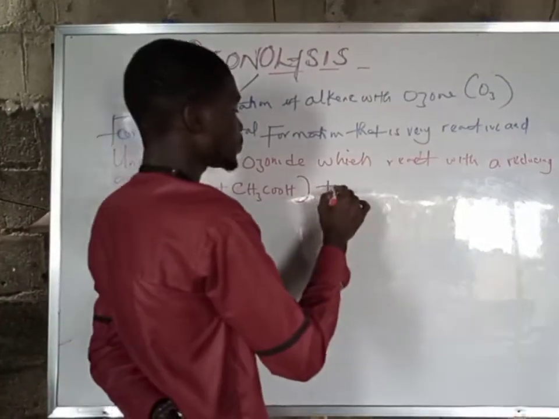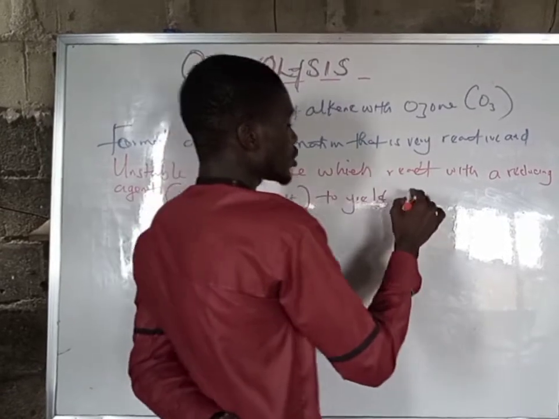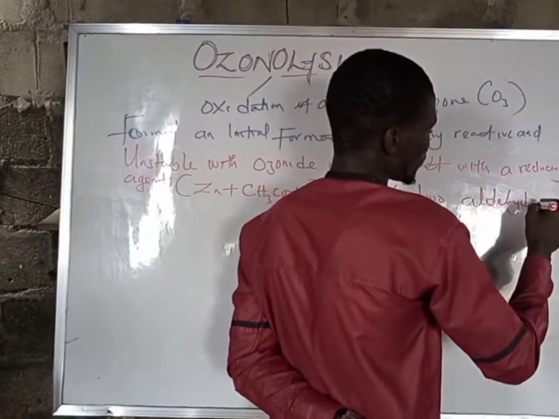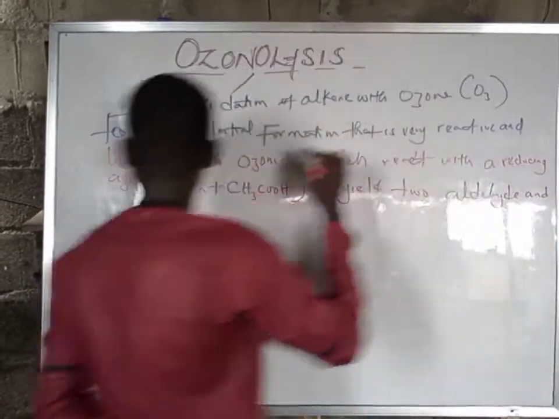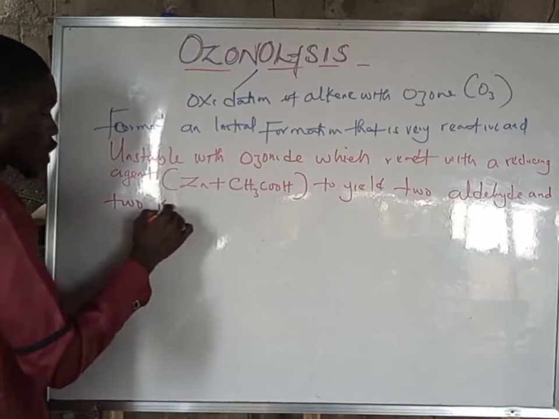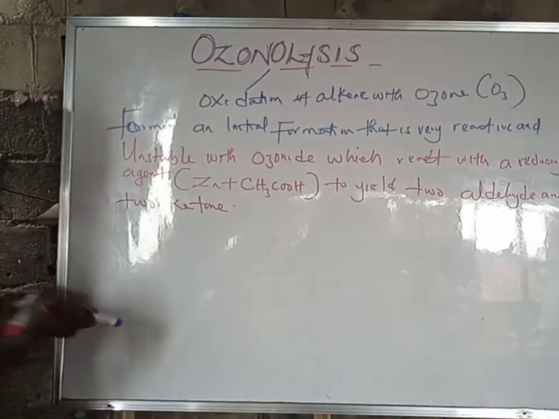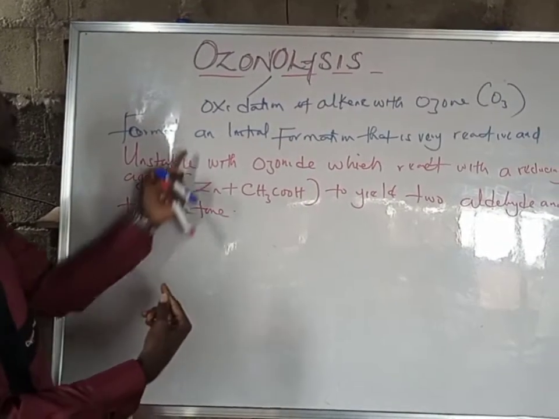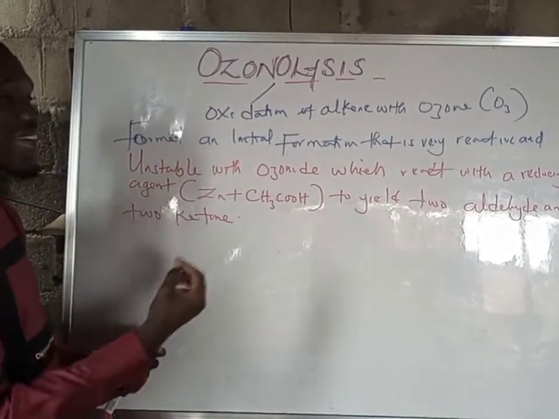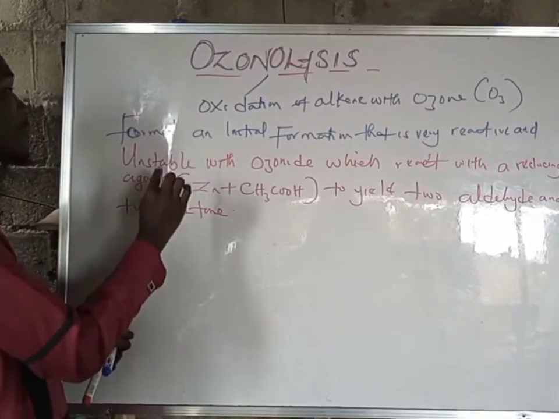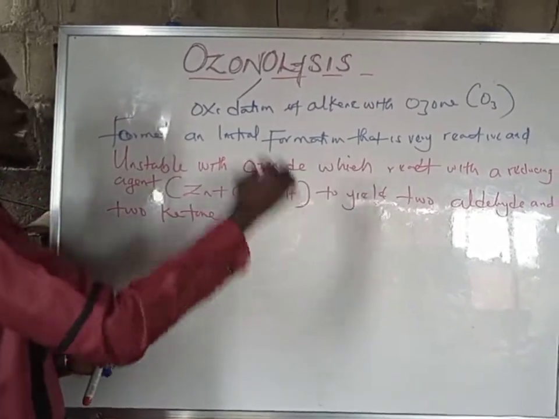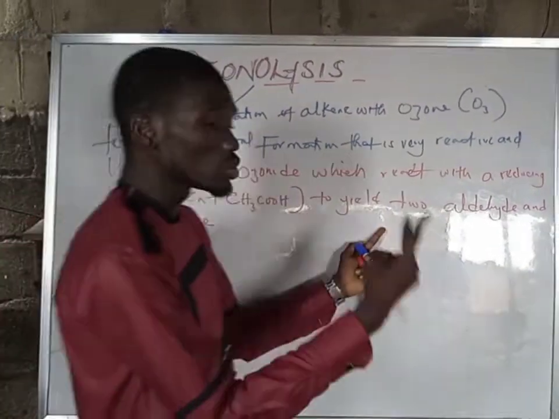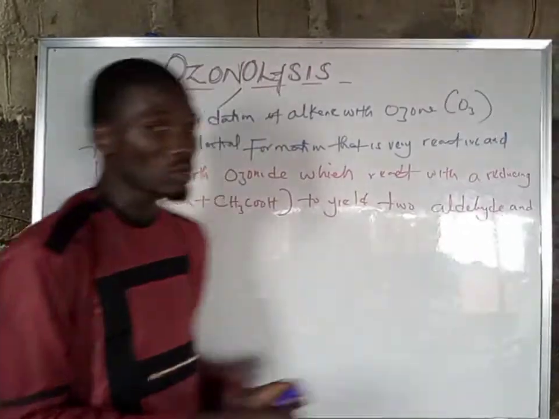So you get two aldehyde and two ketone. Again, ozonolysis, or the oxidation of alkene with ozone, forms an initial formation that is very reactive and unstable, with ozonide, which reacts with a reducing agent, which is this, to give two aldehyde and what?